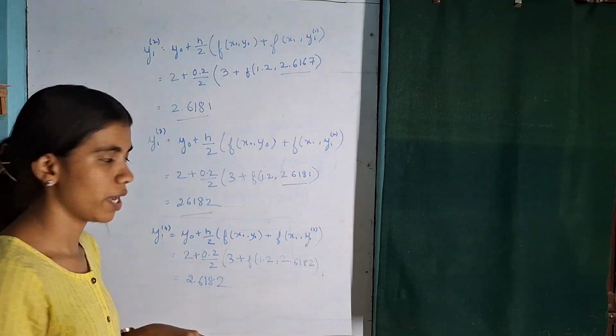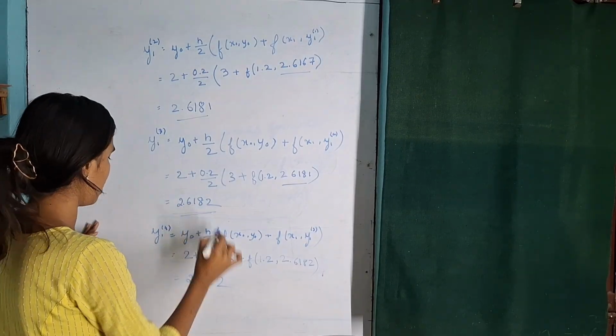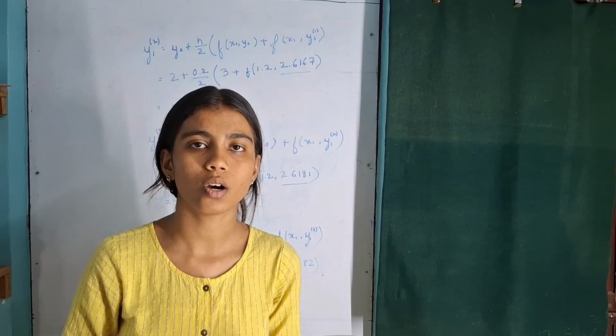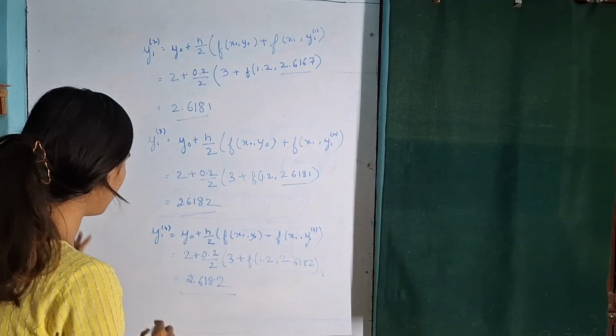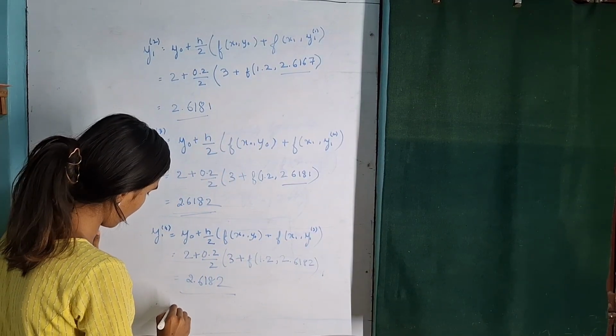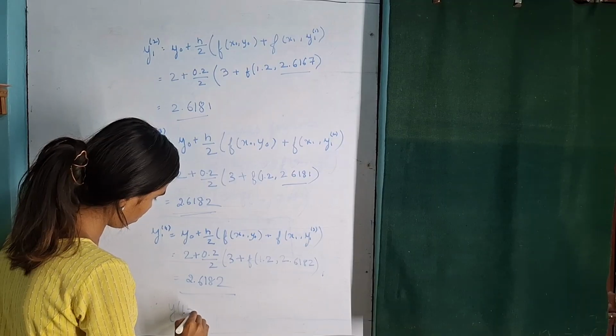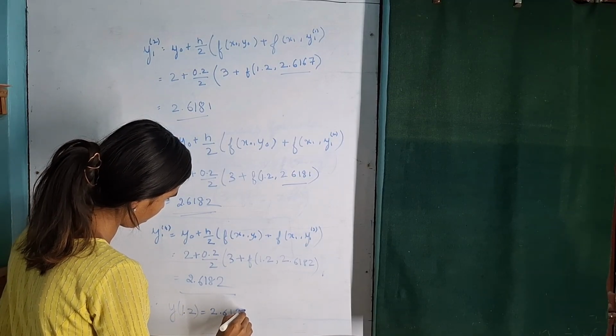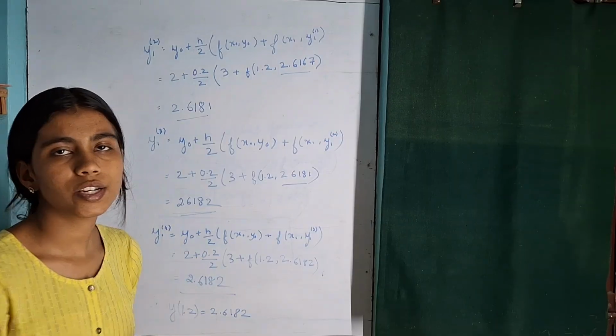Now when you compare y13 and y14, they are the same. Now you can stop here. Therefore y of 1.2 is equal to 2.6182.